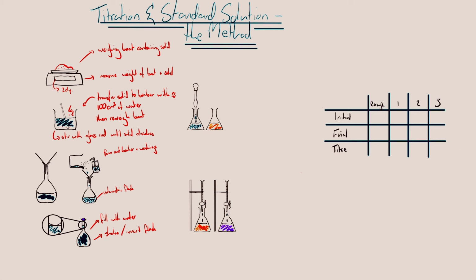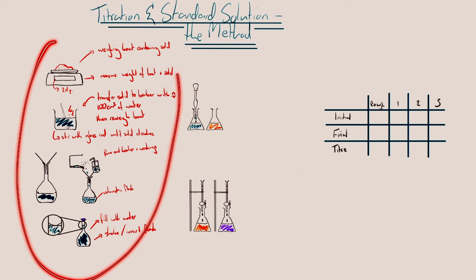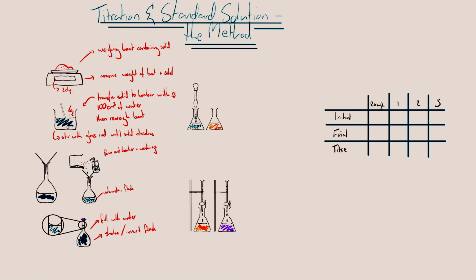Couple of things. So sometimes you're asked about how to improve methods here. So think very carefully about the things that we've done to make sure all of our solid has transferred from one thing to another. Make sure we're really thinking about dissolving all of our solids, rinsing out our washings, careful weighing and reweighing of our weighing boats, shaking and inverting here, making sure our meniscus is on the line.